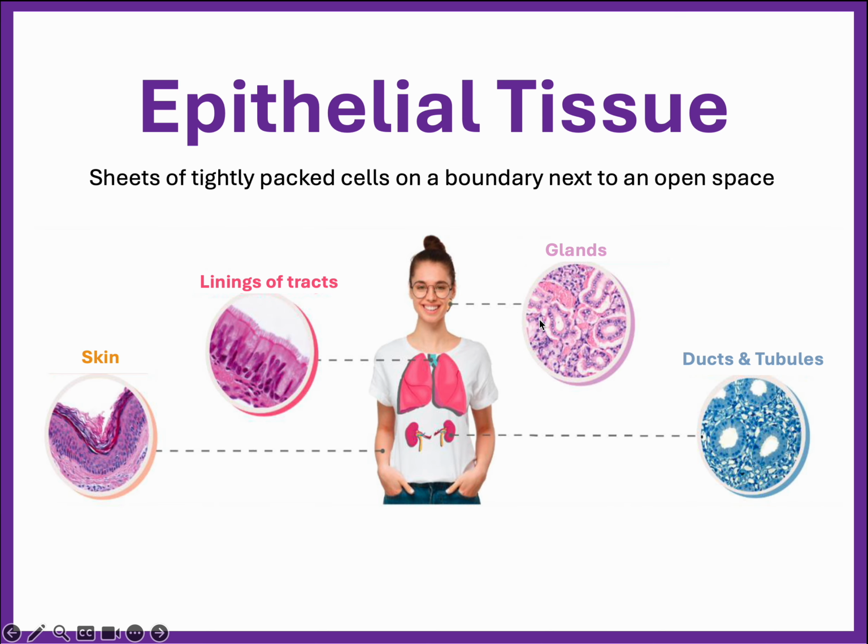This over here has some glands. This is the salivary glands, and you see that this is a bit weird to see, but do you see these circles with empty space in the middle? This empty space in the middle is where the glands will make stuff and secrete it.